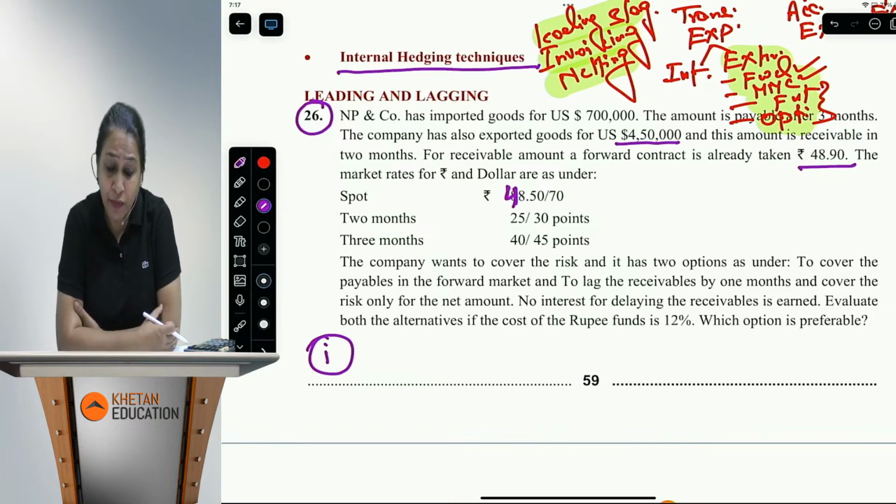Okay. So if I am standing at 0 at this point of time and I have booked a forward on the receivable but not on the payable, I will buy a forward on $7 lakh at the rate of 48.7 plus 0.45.